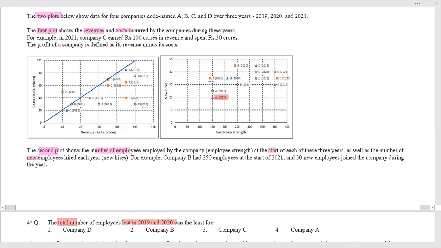So if the plot is going to the right, like for A, if it is going in this direction from one value to the next value, then definitely loss will be less. But if it is going to the left hand side, the loss will be highest. I need to find out that the total number of employees lost in 2019 and 2020 was least.